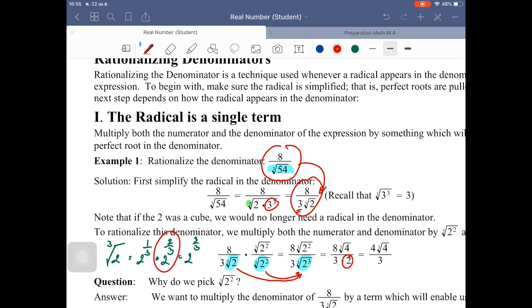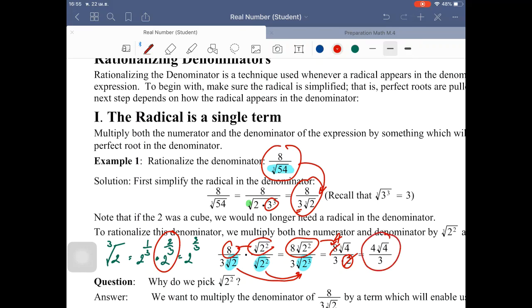So 3 times 2 is 6 normally, but here you can see, when you multiply 8 by this number, you get this one. In the radical, 2 to the power of 2 can be 4, and here you can simplify 2 and 8, which is 4. So the final answer will be this one.